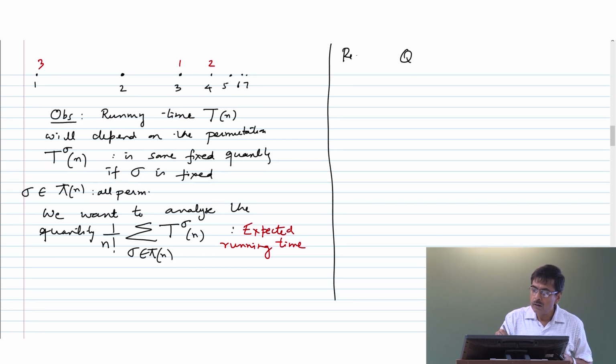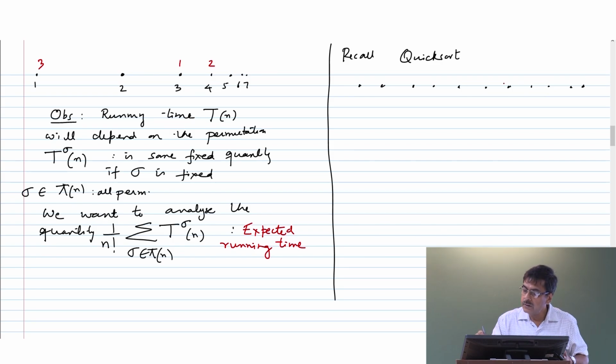So, recall quicksort. It can be thought of also as, I have these points to be sorted. Of course, I don't know the ordering. What I do is I first find a pivot.